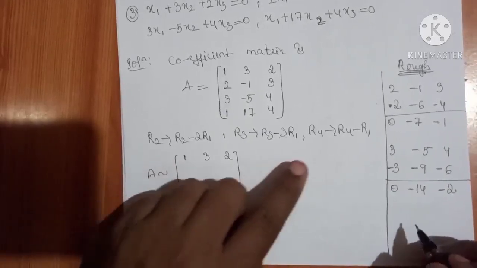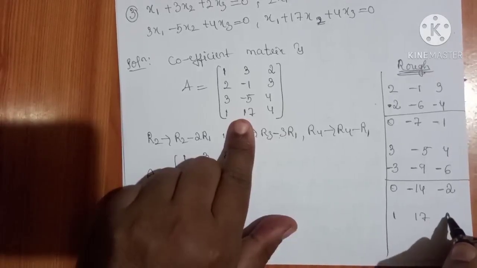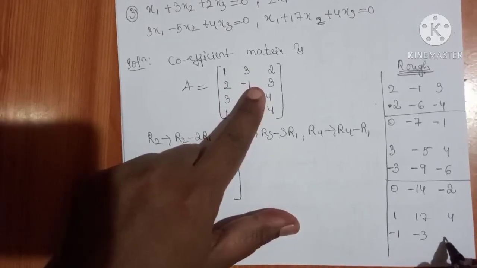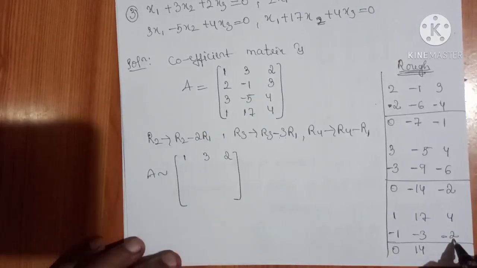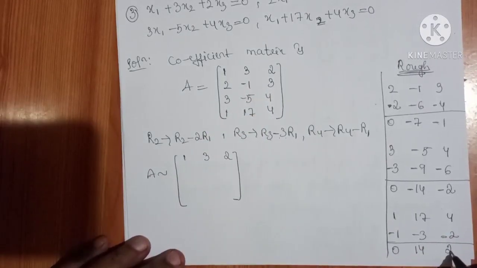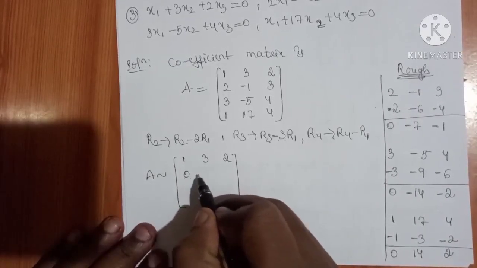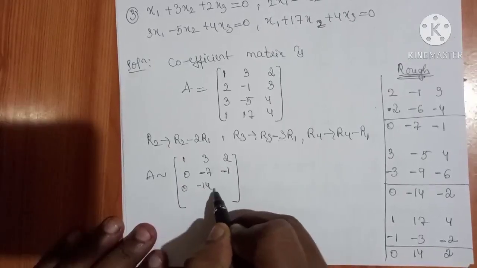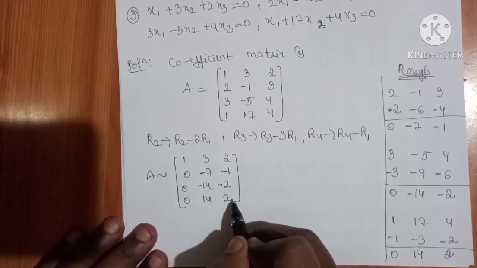Similarly R4 minus R1. R4 elements are 1, 17, 4, minus R1: minus 1, minus 3, minus 2. We get 0, 14, and 4 minus 2 is plus 2. Thus the second row is 0, minus 7, minus 1; the third row 0, minus 14, minus 2; the fourth row 0, 14, 2.